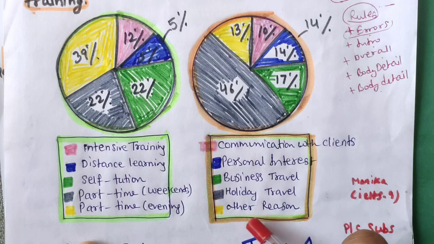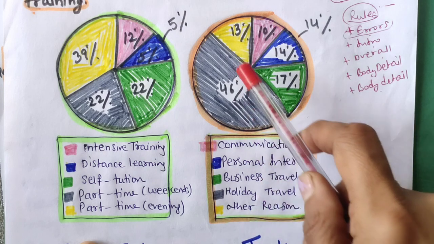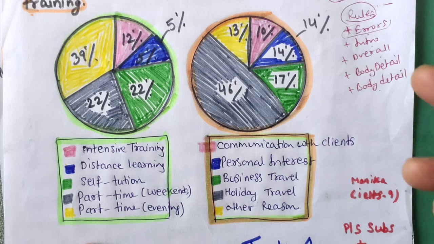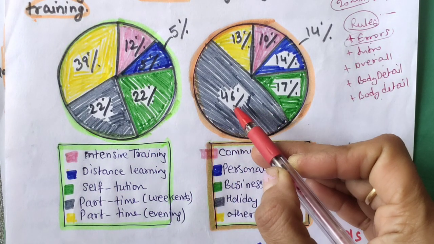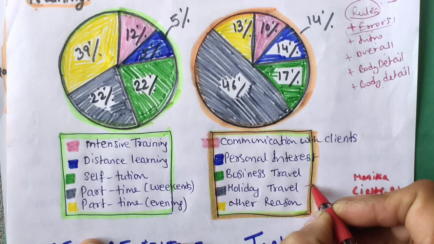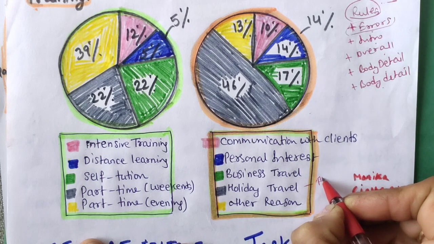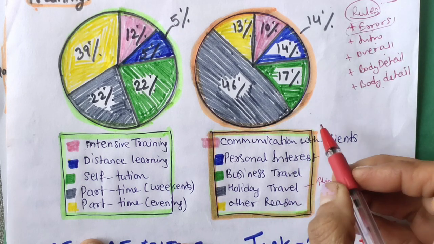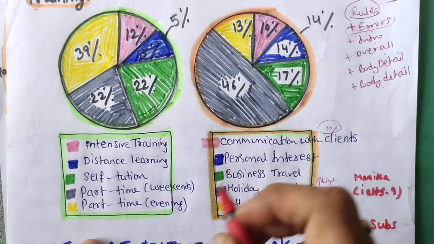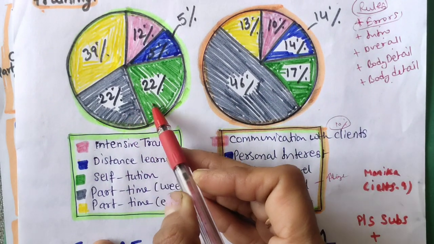The yellow one is other reasons, so for unknown reasons you can write a synonym. In short you can write highest, and lowest is just 10%. And here these two are the same.